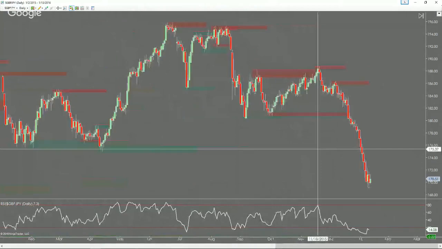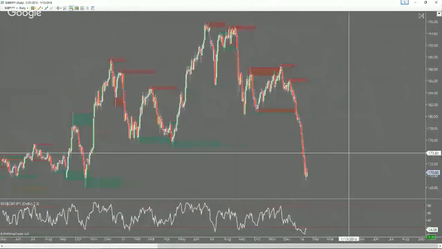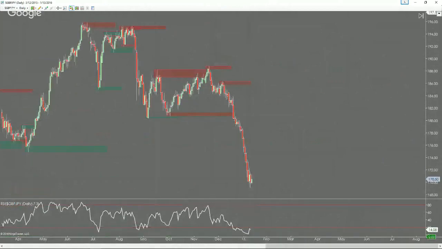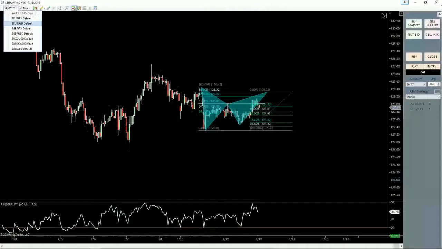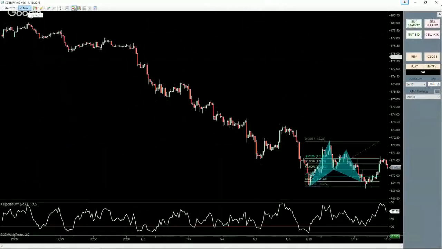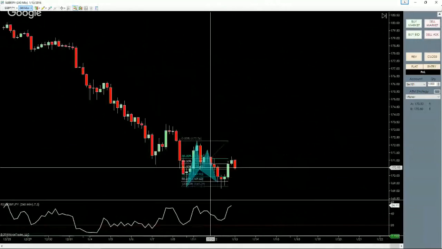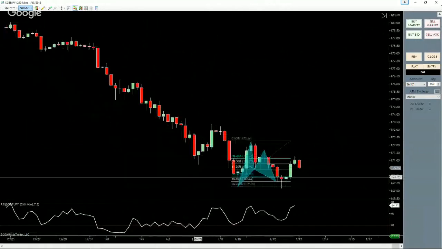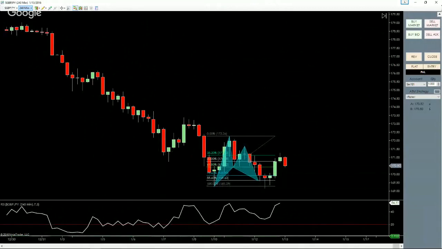And last but not least, pound yen. Pound yen is still bearish, still oversold. So let's go to 240. And pound yen also had that Gartley that we identified.